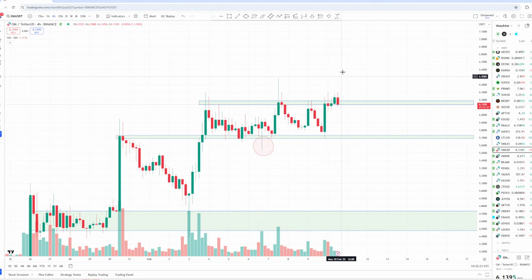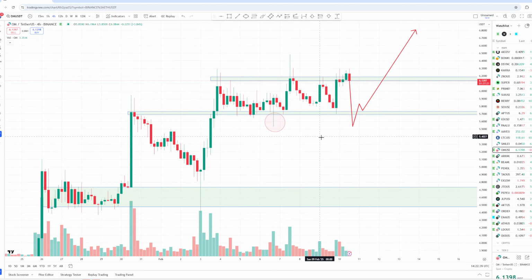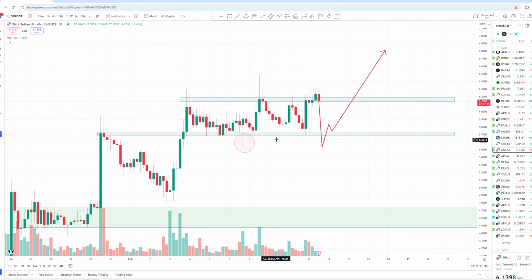Maybe now we fake out here, we come down to the lower part, we tag it, we fake it, we have a liquidity grab here, reclaim it. Maybe that will be a setup when there's not that much information on the higher time frames. But these will be the two areas to look at, and it's kind of a safer and cheaper entry.